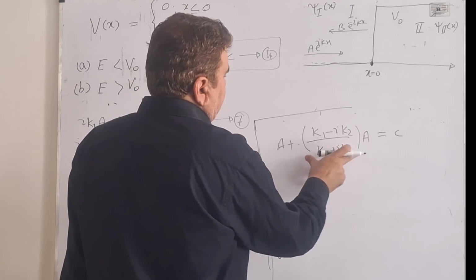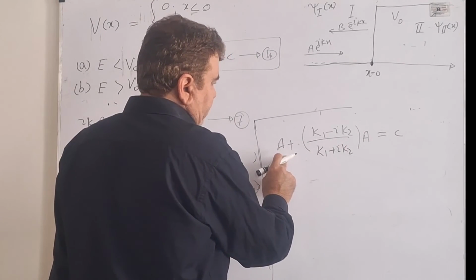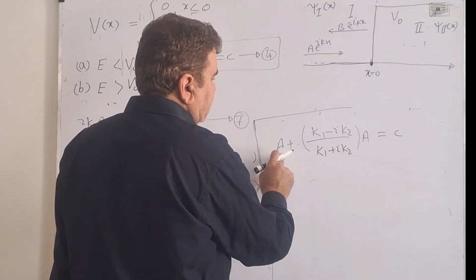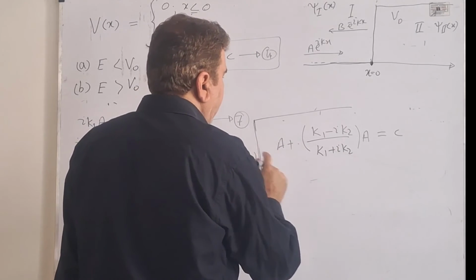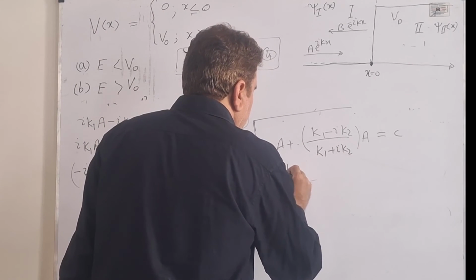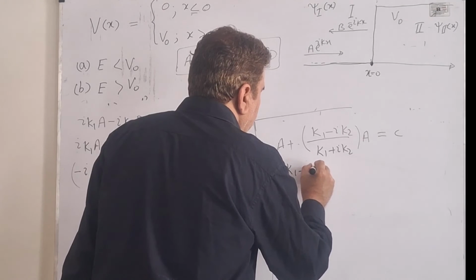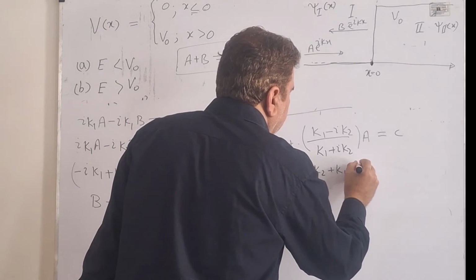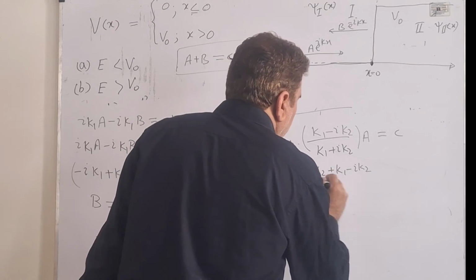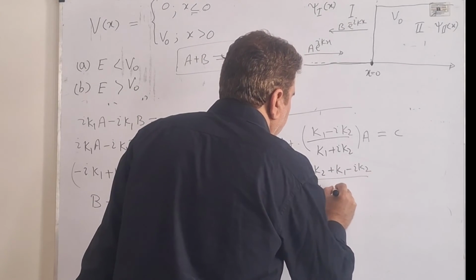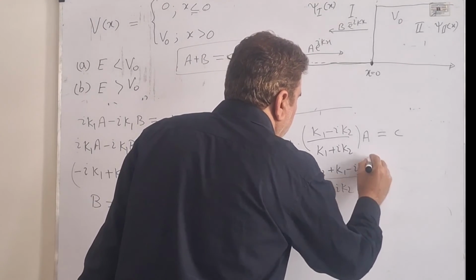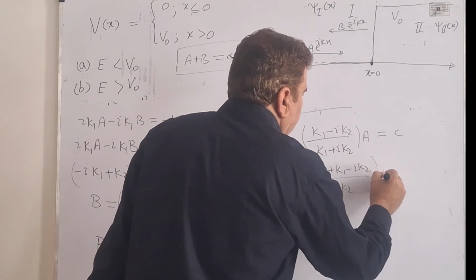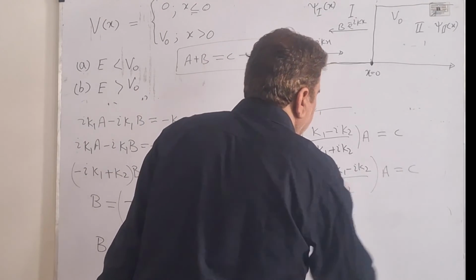Or I can combine these two terms into a single term by taking the LCM. So I write this as k1 plus iota k2 plus k1 minus iota k2, the whole divided by k1 plus iota k2, multiplied with a, and this equals c.